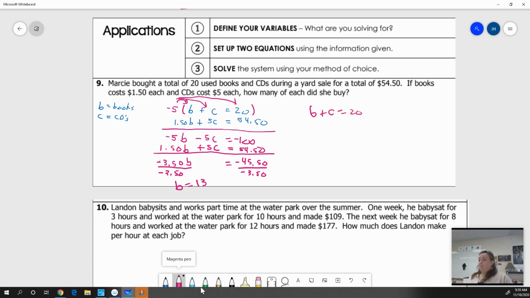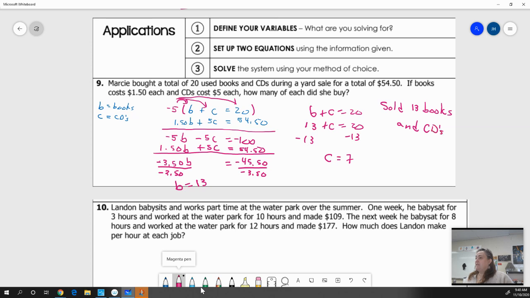And so if I know that B equals 13, then 13 plus C equals 20, it's going to be a really easy solve for me, right? Subtract 13, and I get C equals 7. And so what we've learned is that she bought 13 books and 7 CDs.